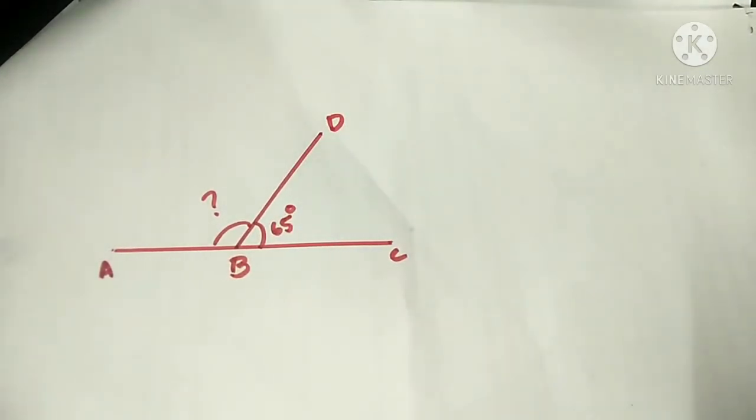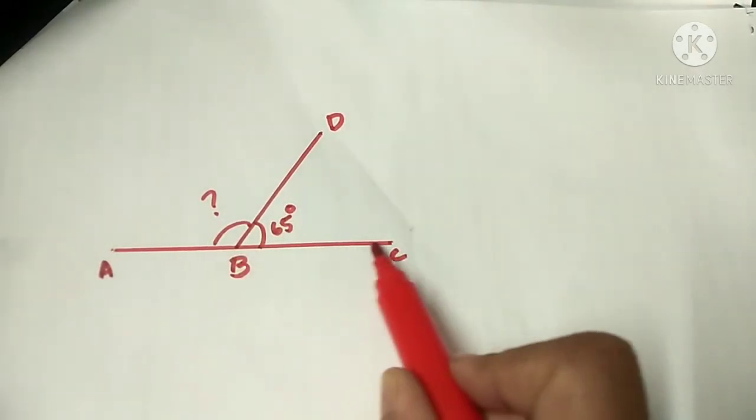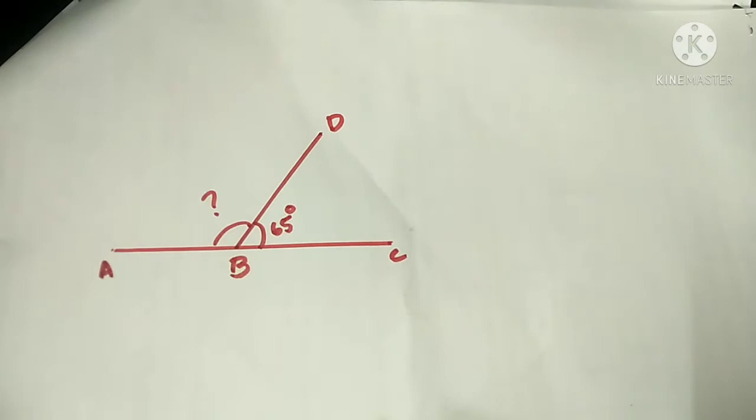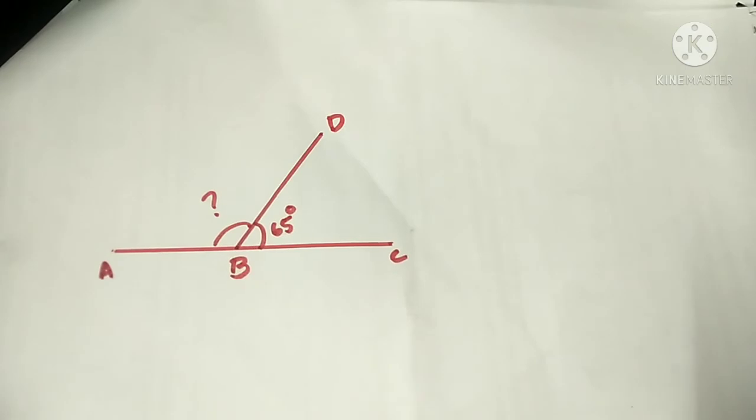We have to find that angle. See, here, these two angles are on a straight line. So, these two angles are a linear pair. So, their sum will give 180 degree. So, we can find this unknown angle by subtracting this known angle 65 degree from 180 degree.